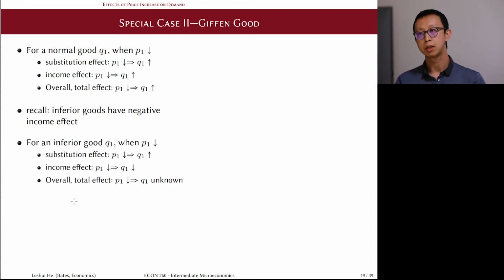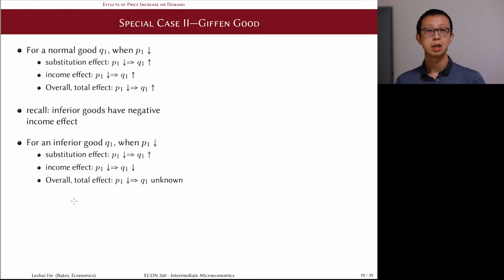Well, how would all this analysis change if the good is an inferior good instead? We know from our previous video on the effect of income on demand that for an inferior good, its demand actually decreases if the consumer becomes richer.